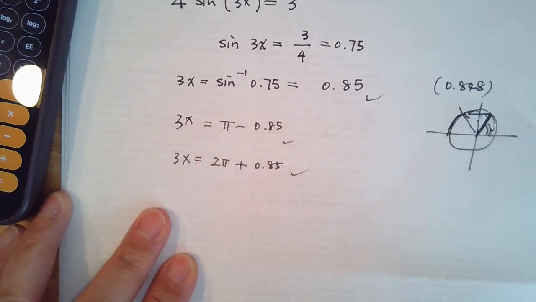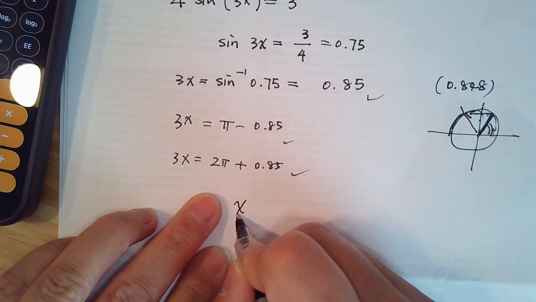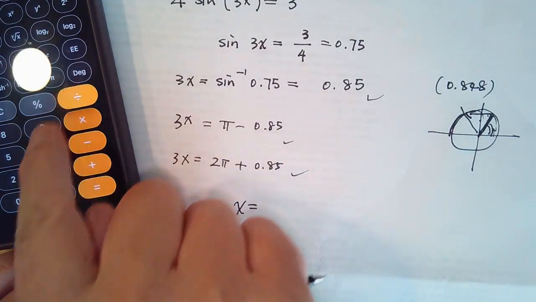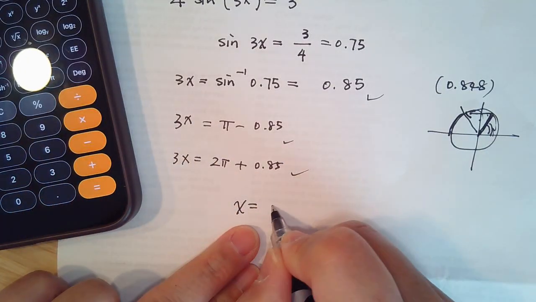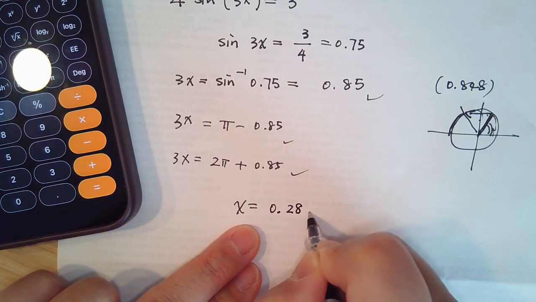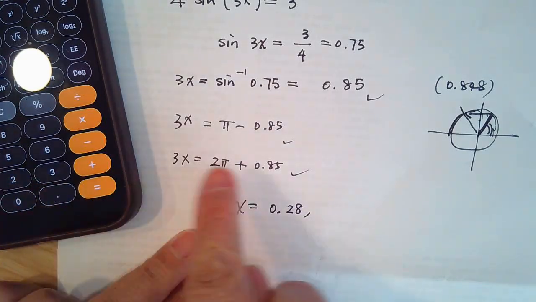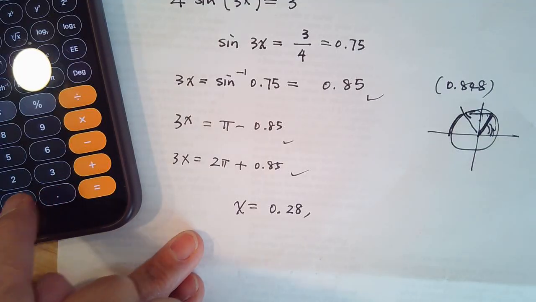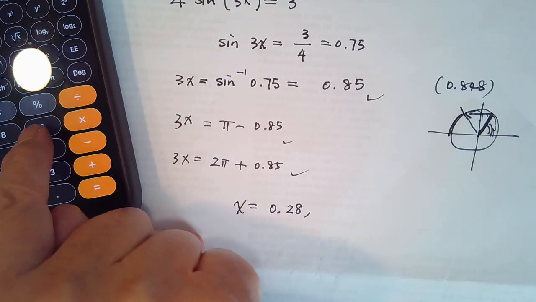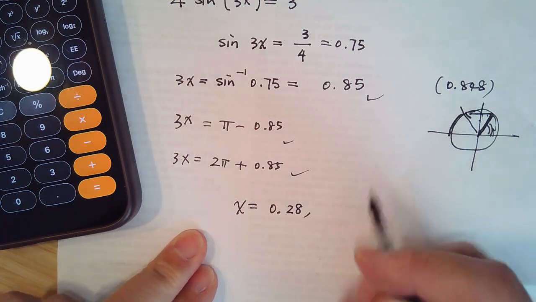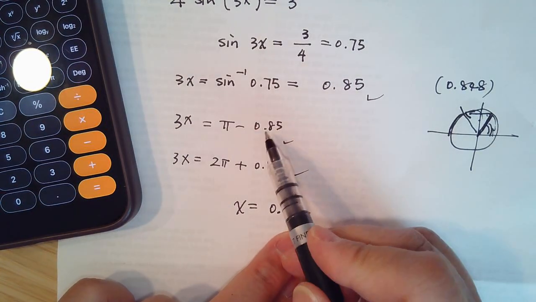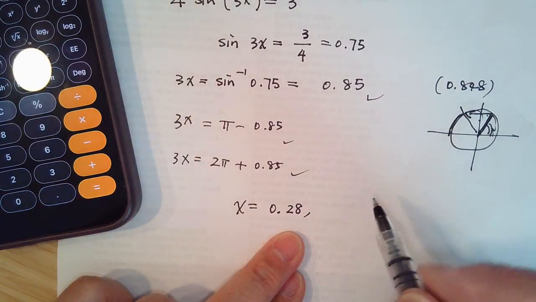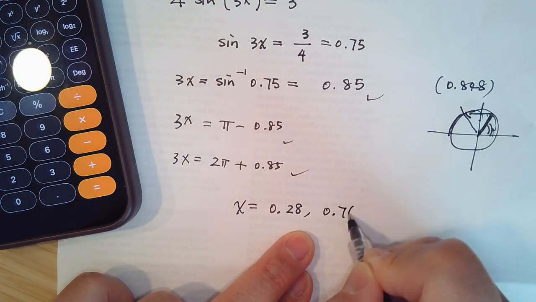So if you divide it by 3, then your x will be, okay, you probably want to keep this 0.848 divided by 3. So you get a 0.28. Okay, and the next one is pi minus 0.848. So you have pi minus that divided by 3, get a 0.76.